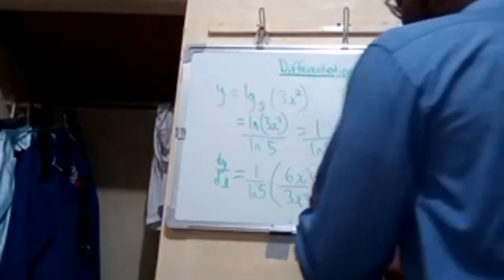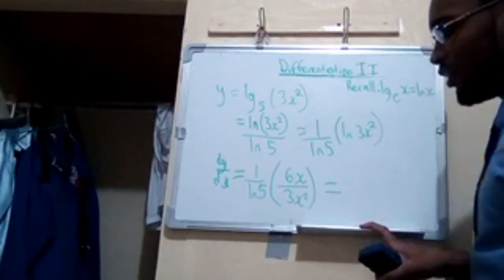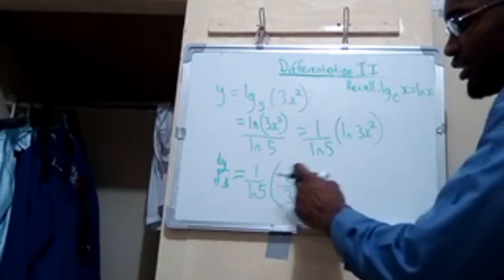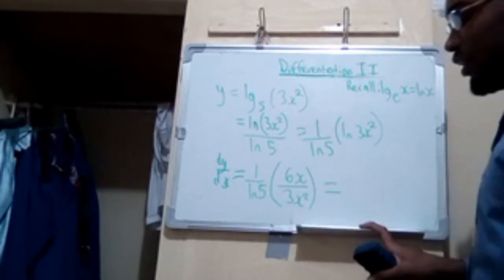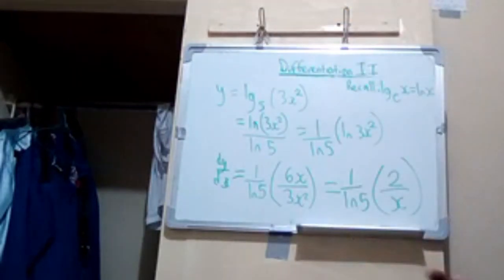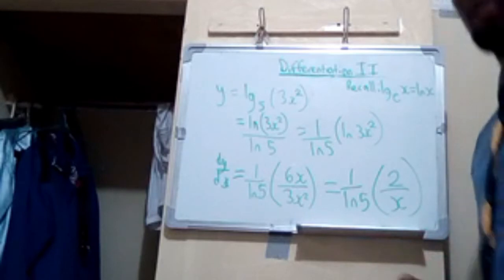We can simplify: 6 over 3 is 2, x over x squared is 1 over x. So it works out to be 1 over ln 5 times 2 over x. And that's dy by dx. That's how we differentiate this log function.